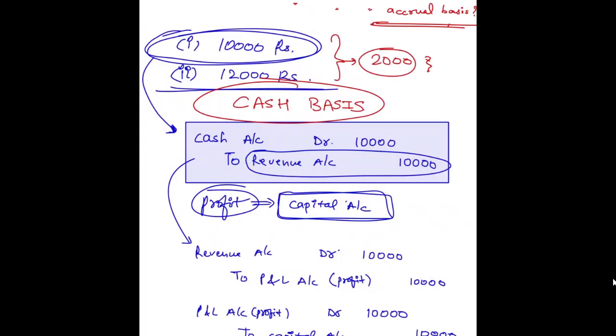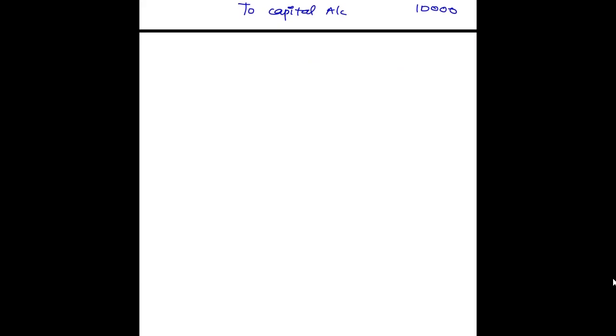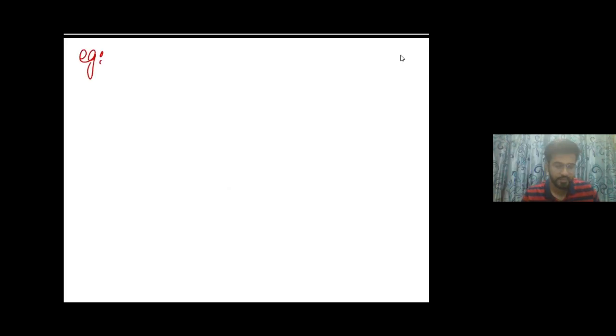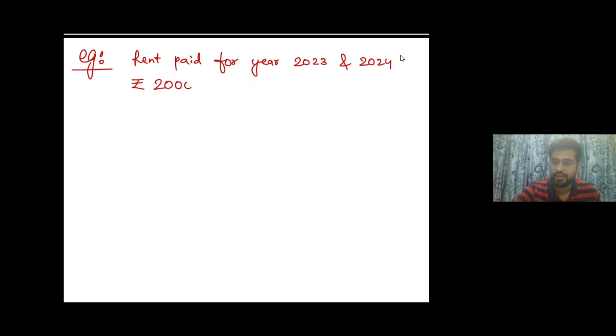Now let's do one example for the expenses. So write down, everyone. The example is rent paid for the years 2023 and 2024, rupees 2 lakh. 2 lakh is the amount of rent which is paid for how much period?